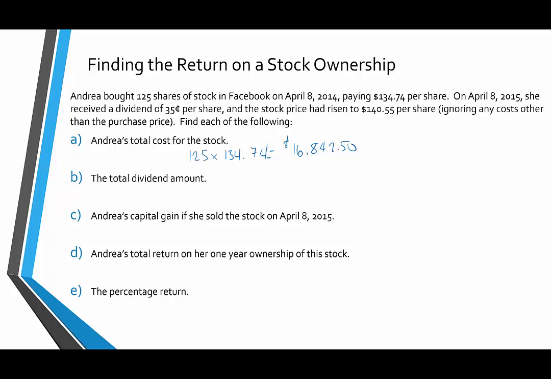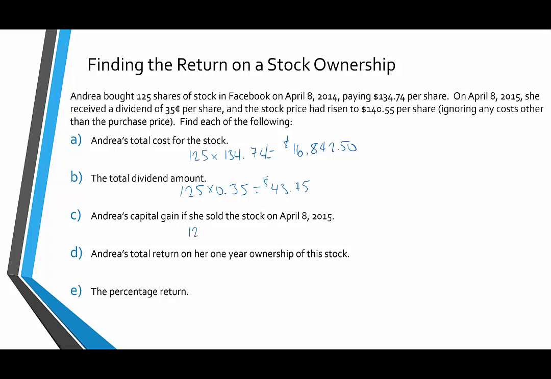The dividend amount would be the number of shares, 125, times the cost per share, and she gets 35 cents per share. So she's going to get $43.75 on the dividends. And what was her capital gain if she sold the stock on April 8th, 2015, based on the information we have?